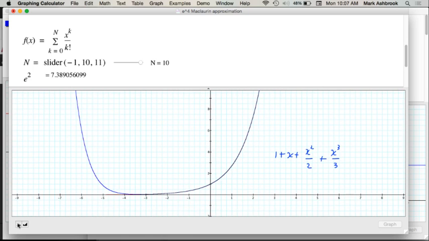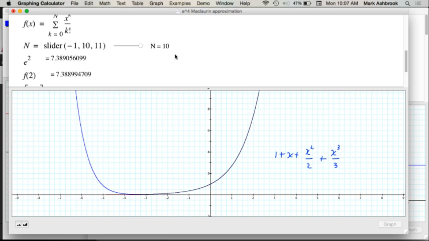We can see that at -4.5, it's tailing off. But again, with more and more terms, it's going to do a better and better job away from 0. And if we could have the sum of all the terms, it would give us e to the x exactly, if we could take infinitely many terms. So that's how it's approximating the function.